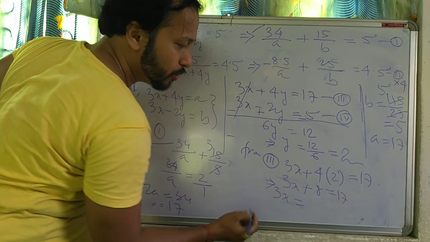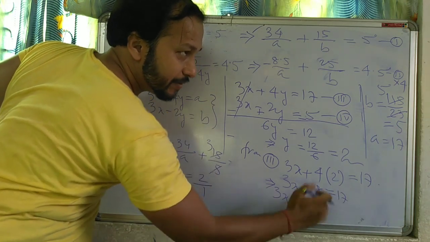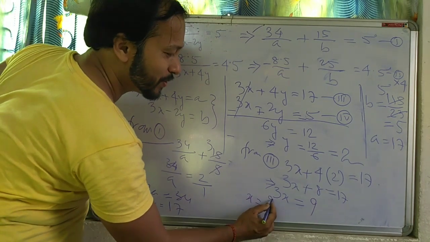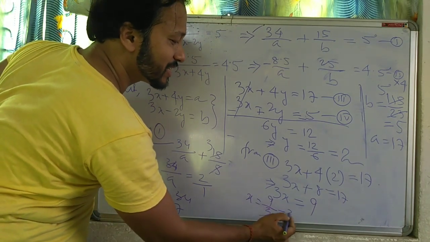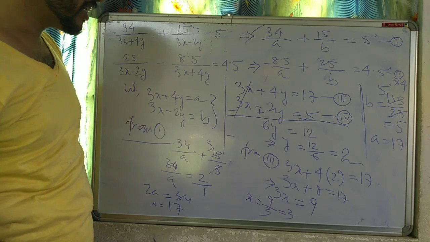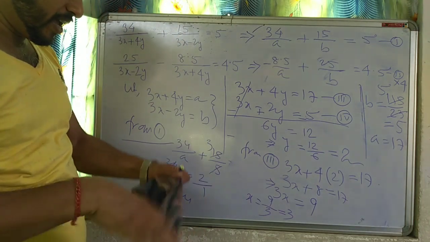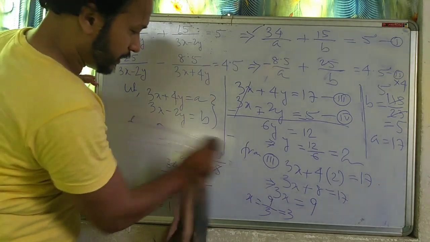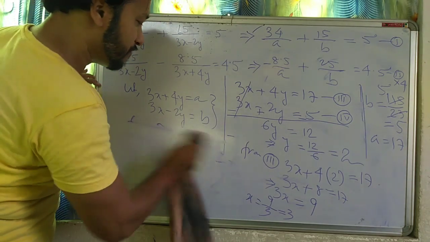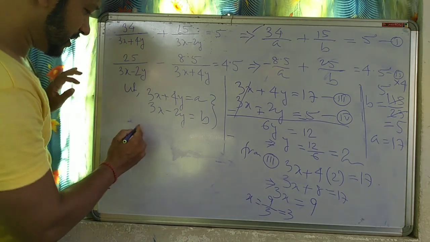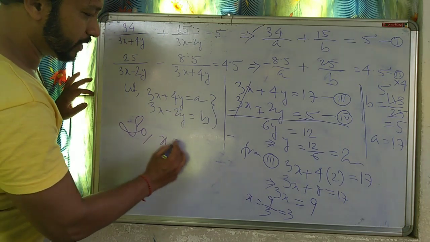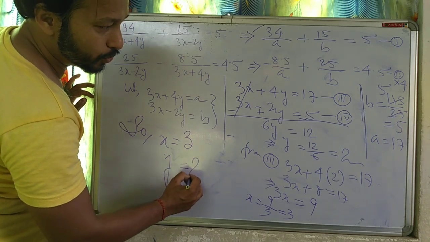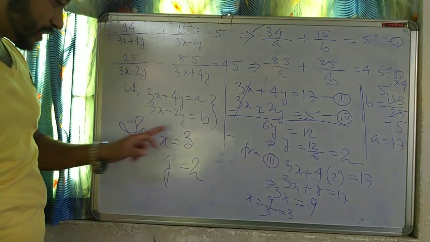So 3x equal to 17 minus 8, that is 9. So x equal to 9 by 3, that is 3. Now we got the values of x and y. So I can write my final answer: x equal to 3, y equal to 2.